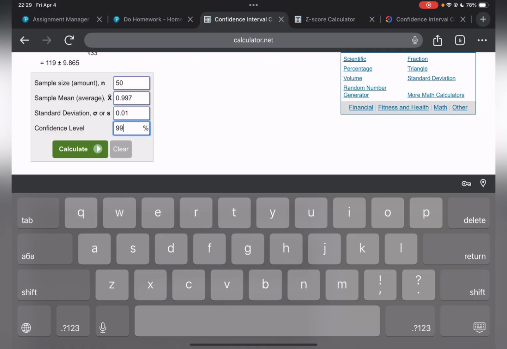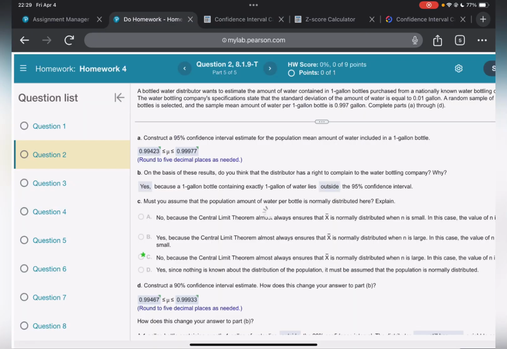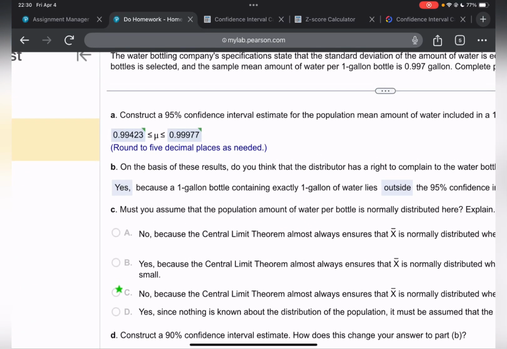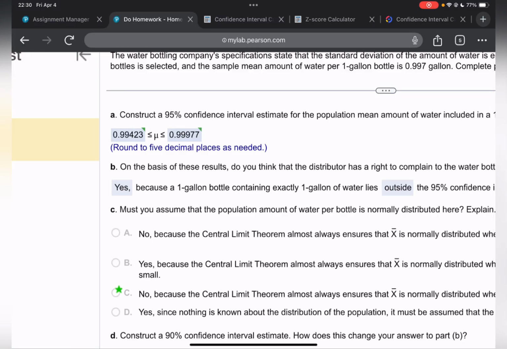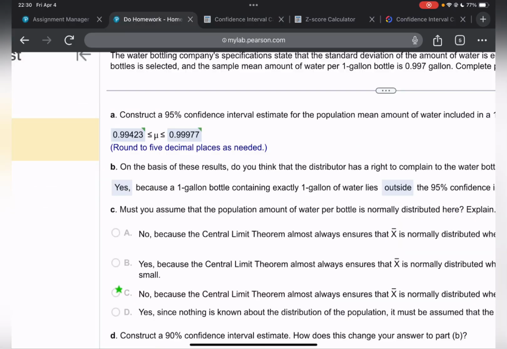And for the confidence interval, we want 95. Let's calculate. So we got 0.994 up to 1, and here we got 0.994 up to 0.9997. Okay, here this is rounded to 1, and you need to put in the decimal notations.